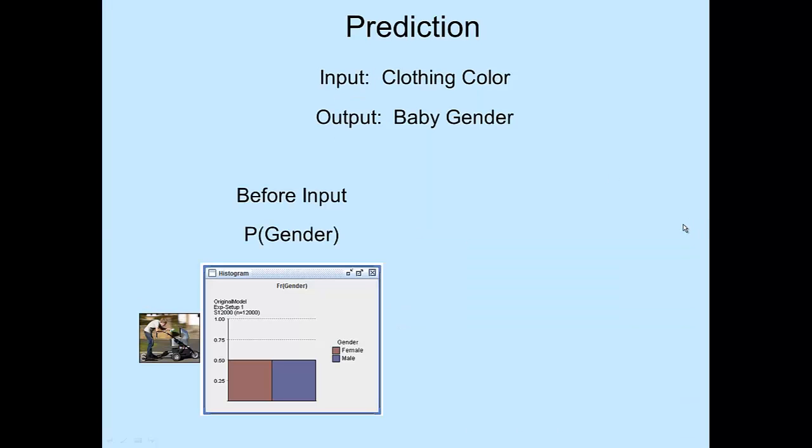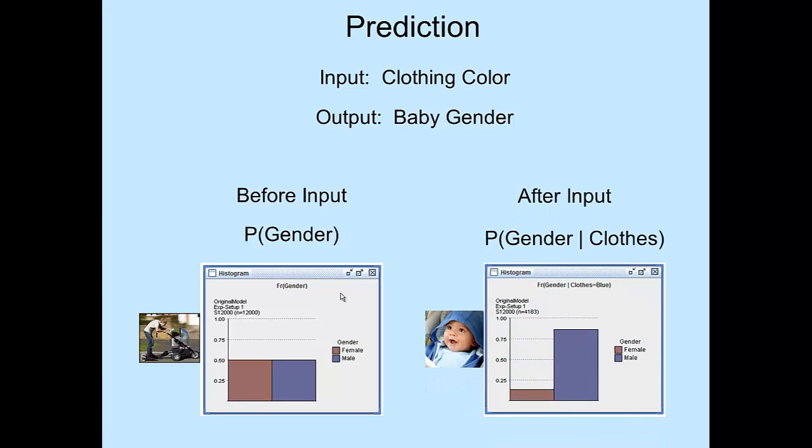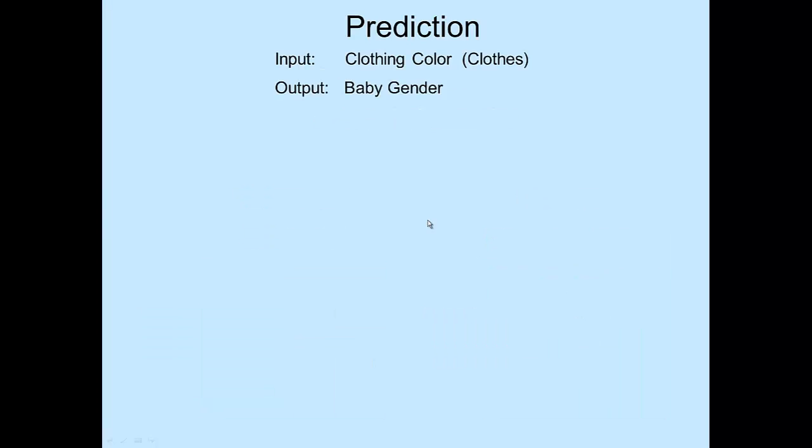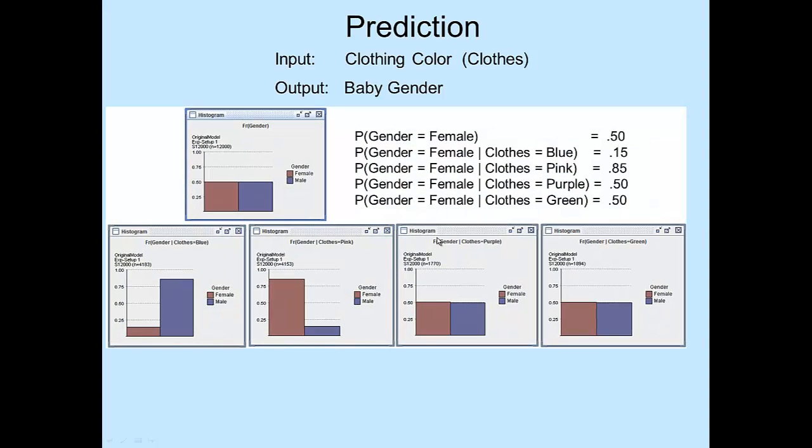Okay, so we can look at the value of the information we got by comparing the frequency, or the histogram, of gender before we learned anything about the baby's clothing color, to the frequency or the histogram of gender after we learned the clothing color. Now, in this sample, we actually had 4 different kinds of clothing color: blue, pink, purple, or green.